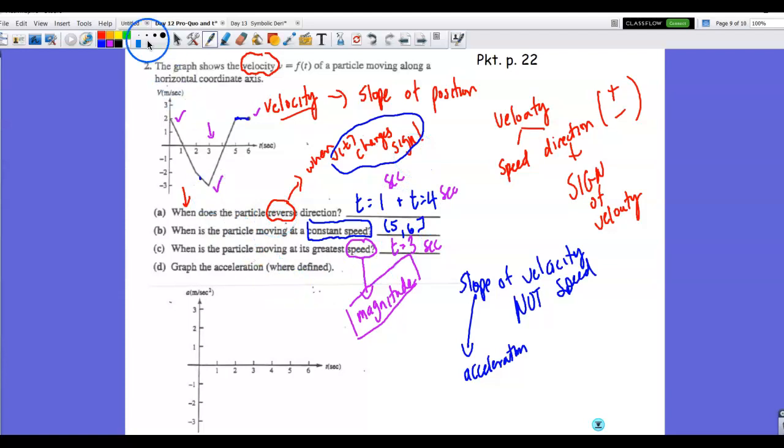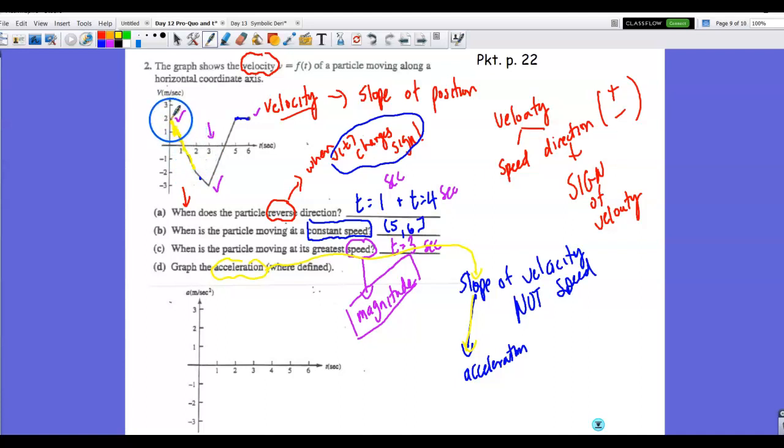All right, the next thing I'm going to do is graph the acceleration. And remember, we had that conversation that acceleration is the slope of velocity, not speed. So if we're going to do the slopes again, I'm going to look at the first region, and I can see that the graph is a linear segment from 0 to 2, and there's a change of slope at 2.